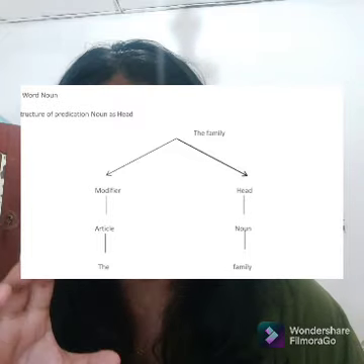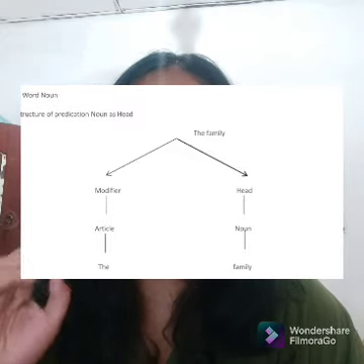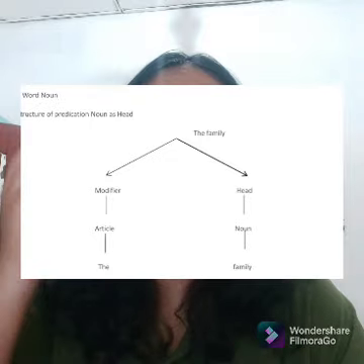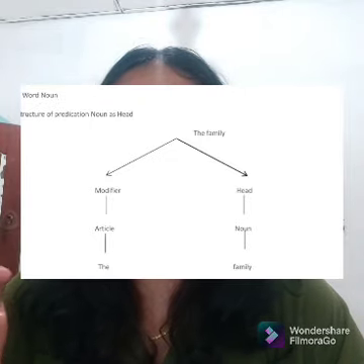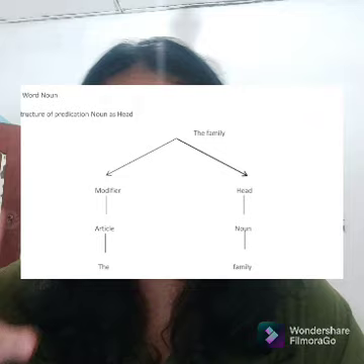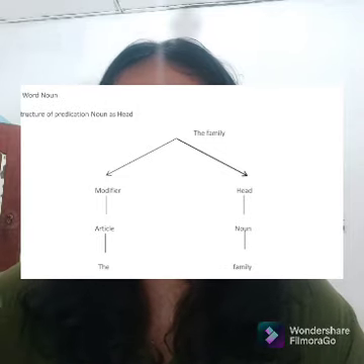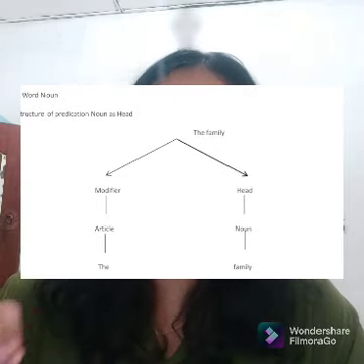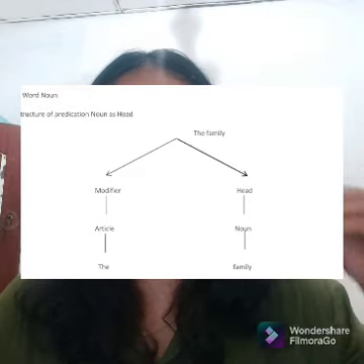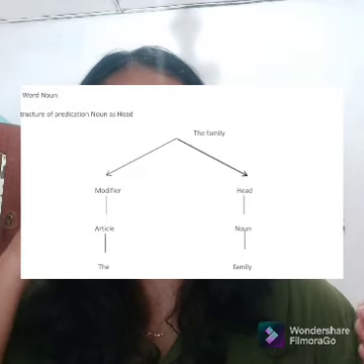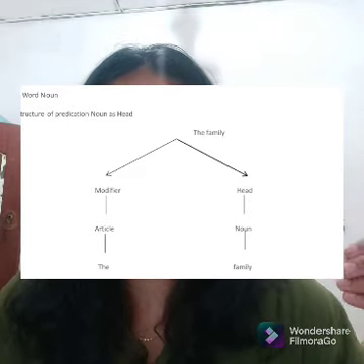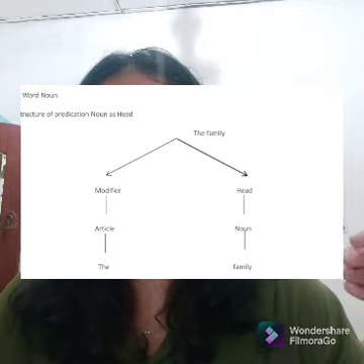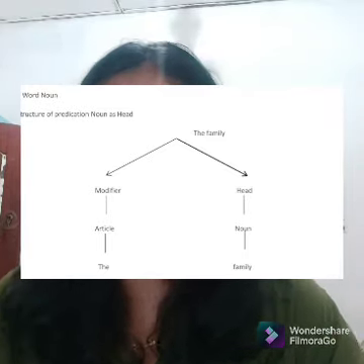And "the" in the sentence is a modifier. The family: modifier, the; head, family. The word "the" in the sentence is an article and a modifier, and "family" in the sentence is a head, which is a noun. I think that's all, guys.